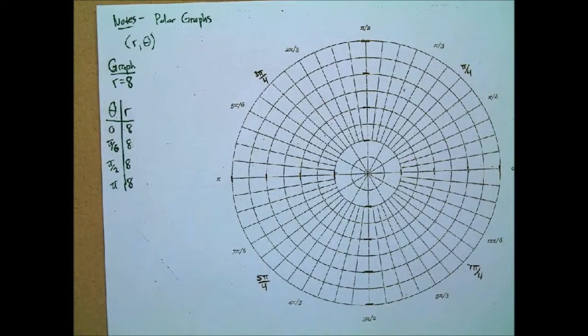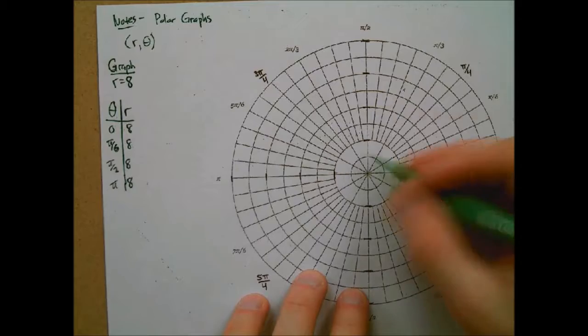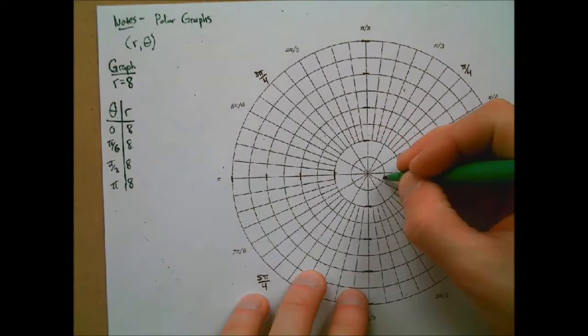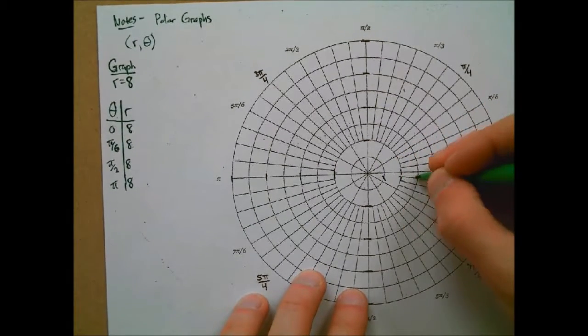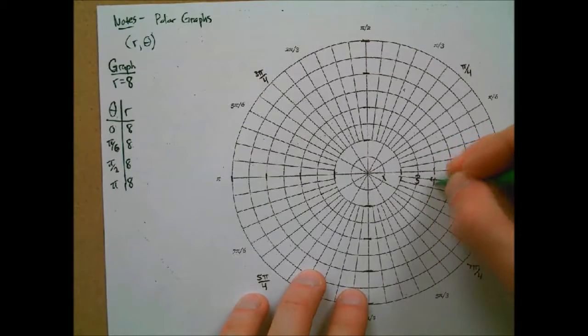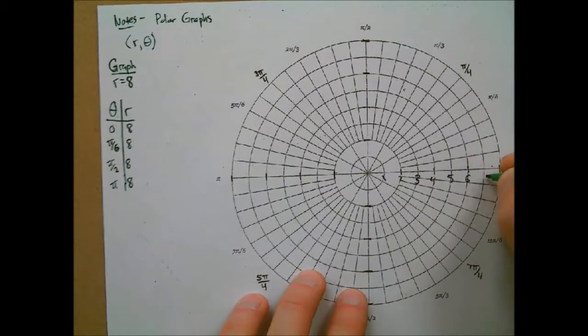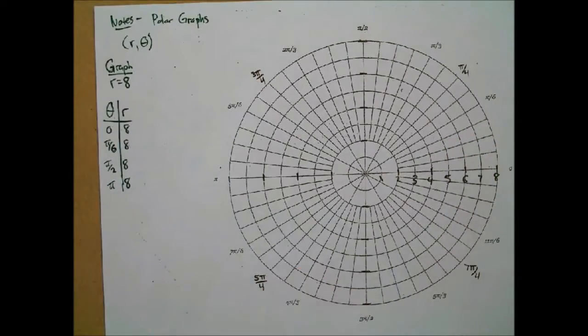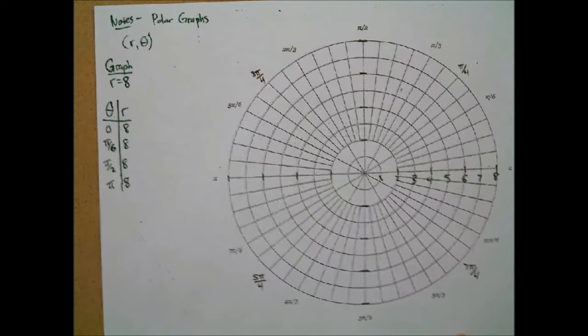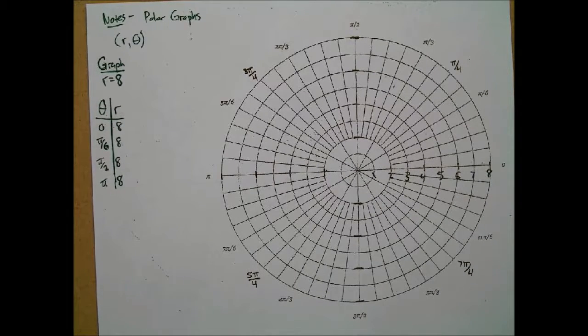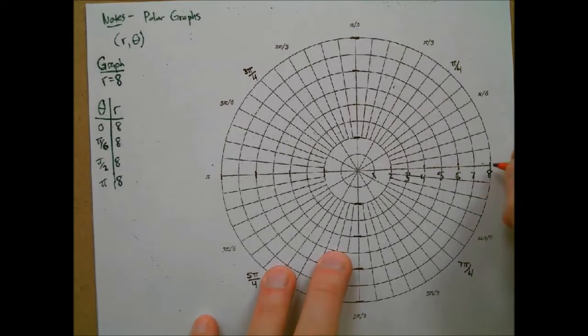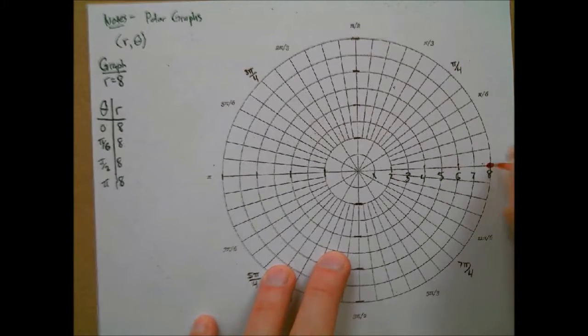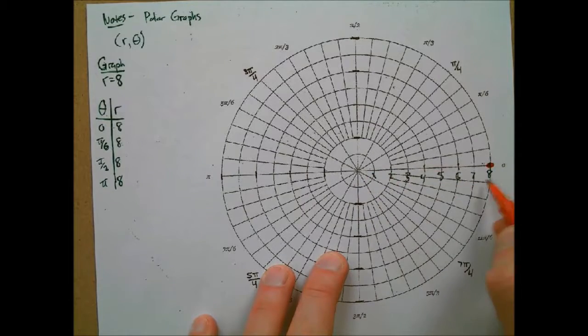Okay, let's go about plotting these points. We have our concentric rings here, and I'm going to count every ring as a single unit. We have the point 0, 8: an angle of 0, and then 8 out from the pole.